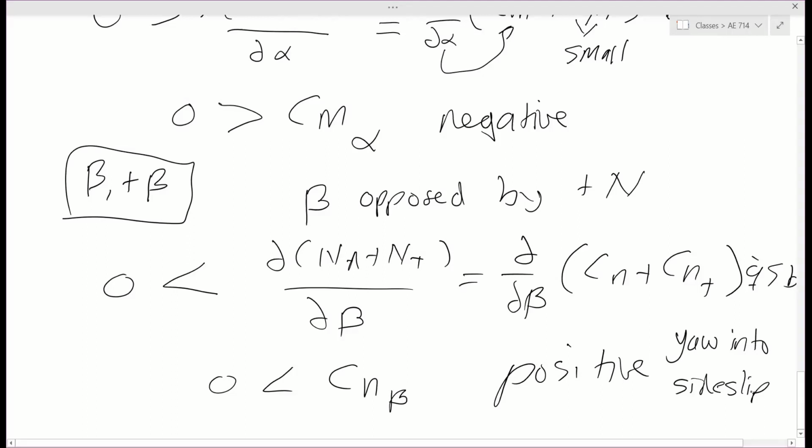All right, so that's the end of the normal derivatives that we talked about. Forces, velocity disturbances are opposed by forces. Angular velocity disturbances are opposed by moments, and then alpha and beta are opposed by moments in the same direction or same axis.